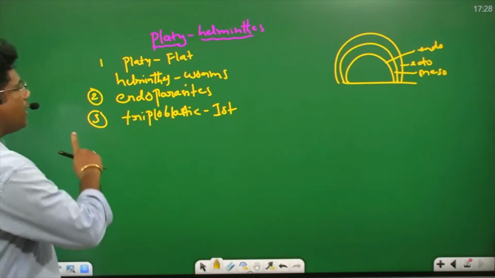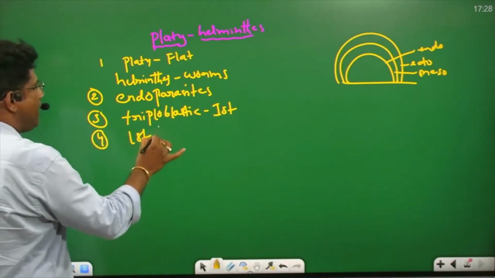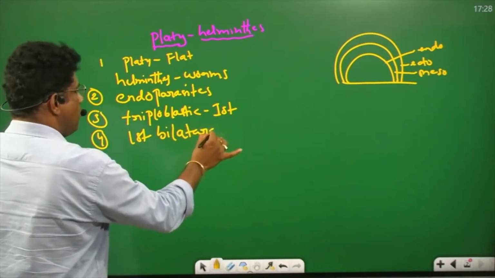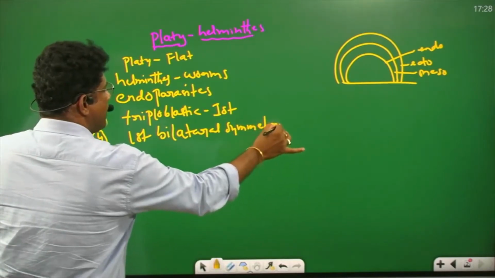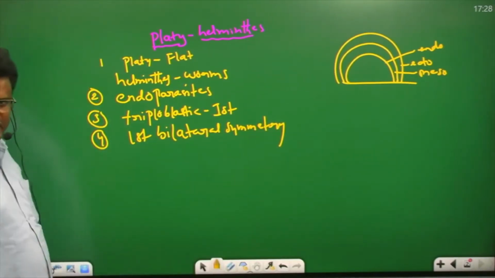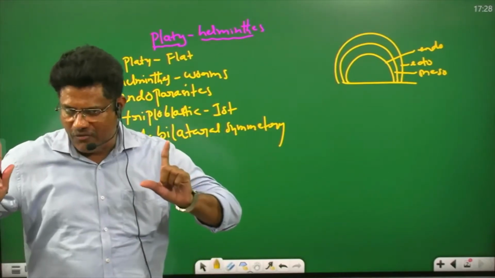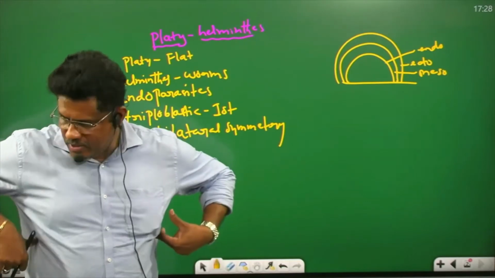They are triploblastic. They are the first bilateral symmetry organisms. They exhibit first bilateral symmetry. You listen here, lateral. What is the meaning of lateral? 2 sides. This is one side, this is one side.